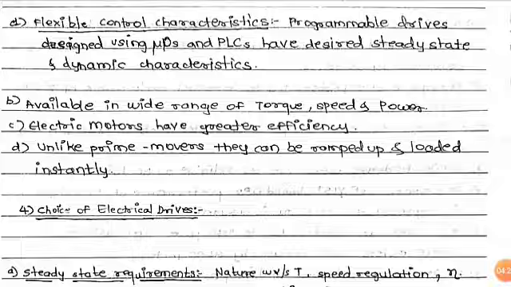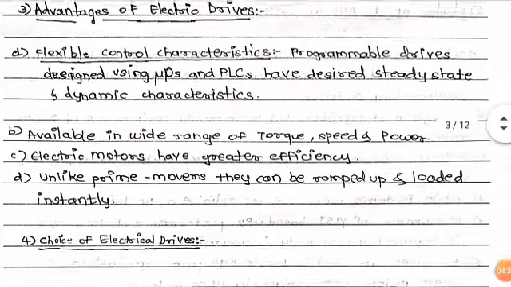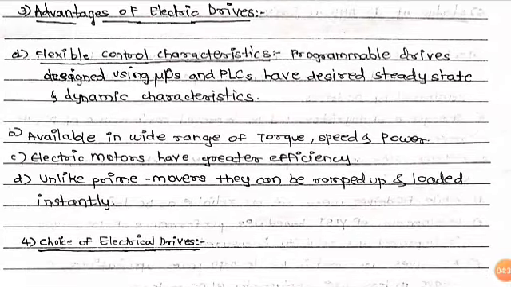Available in wide range of torque, speed and power. That is the second advantage. Now we know that electrical motors are available in the market of very small size, tiny size, and up to very large size.